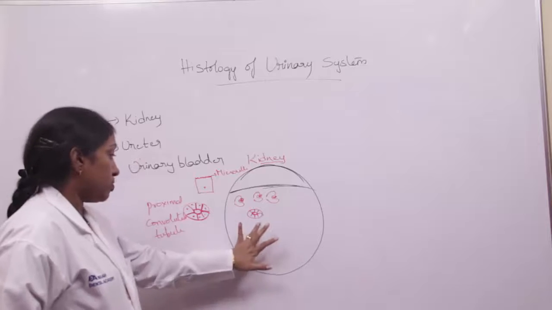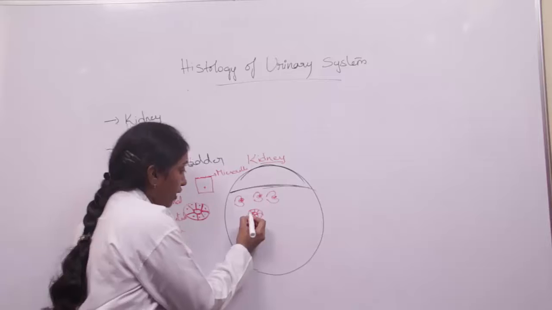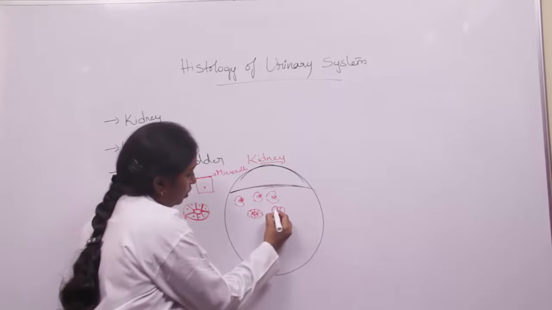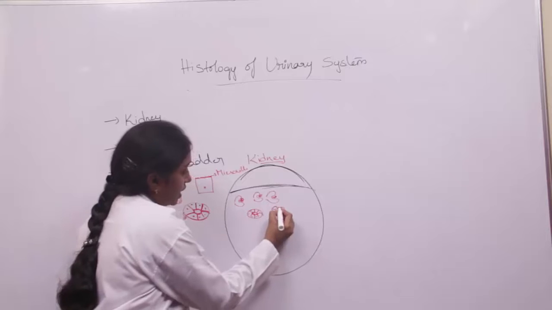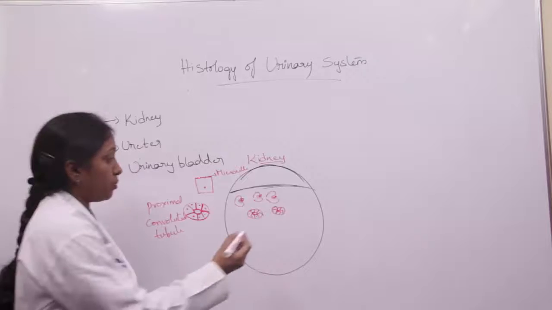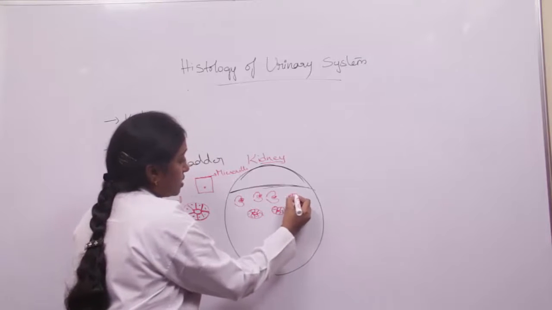The proximal convoluted tubule is seen in the cortex of the kidney. The cells are cuboidal or columnar with a striated appearance.